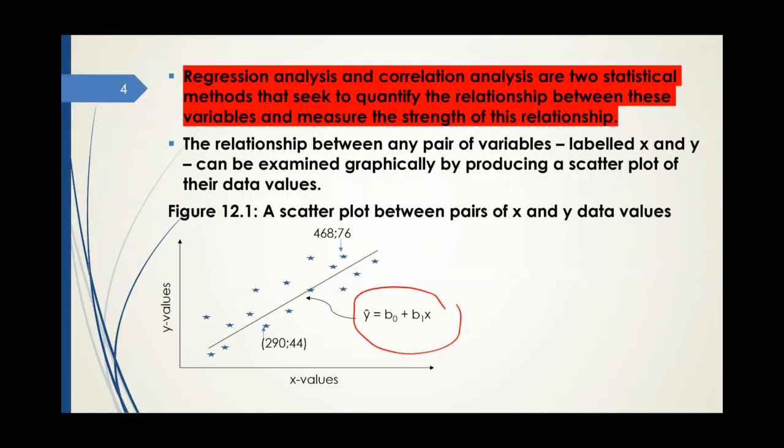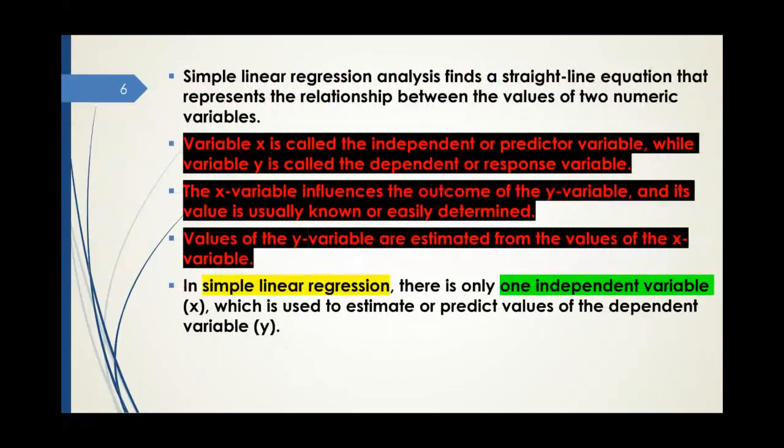So the closer these are to the line, the stronger the correlation. The more scattered those data points are, or the stars are, the weaker the relationship. Okay. All right. So like I mentioned earlier, your X values are obviously independent, okay?